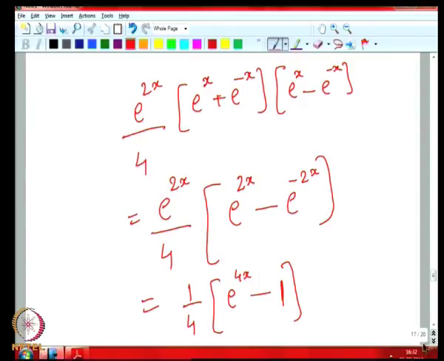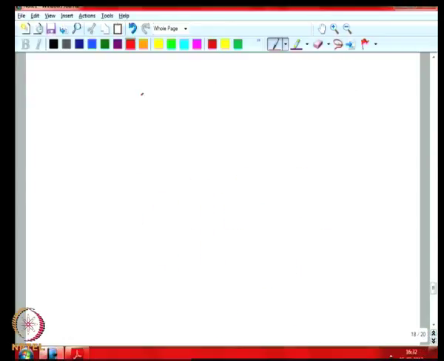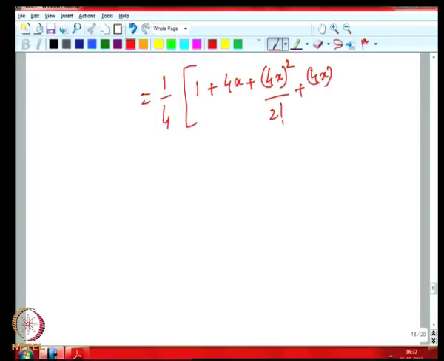Now this is what, 1 by 4 into e to the power x, a 4x expansion, 1 plus 4x plus 4x whole square by 2 factorial plus 4x whole cube by 3 factorial plus like this, and finally you have to minus 1, right.